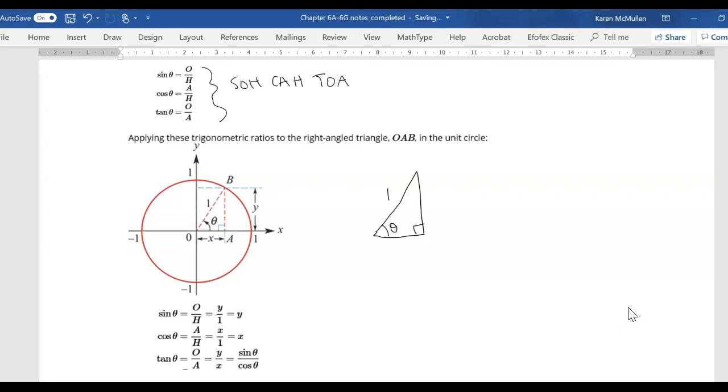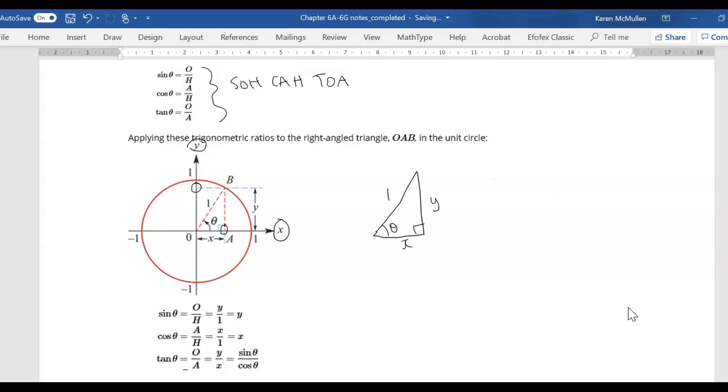Now, this is also drawn on a Cartesian plane. So if you think of your set of axes, so we've got x and we've got y. So the height of this triangle is y, all right? So it corresponds to this y coordinate. And then the distance here is x and corresponds to this coordinate here, all right?